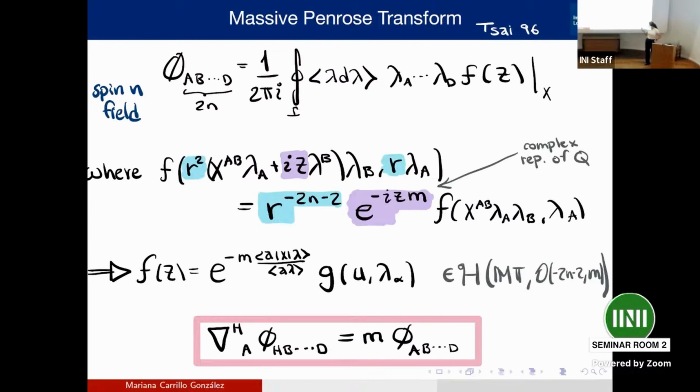The important part here is what kind of functions satisfy this rule. An example of a function that satisfies it, which we found, is the following one over here. We're just expressing it in terms of an exponential with an arbitrary spinor A. This is X, again, just your X mu, your spinor lambda, and some function of the Mini-Twistors.